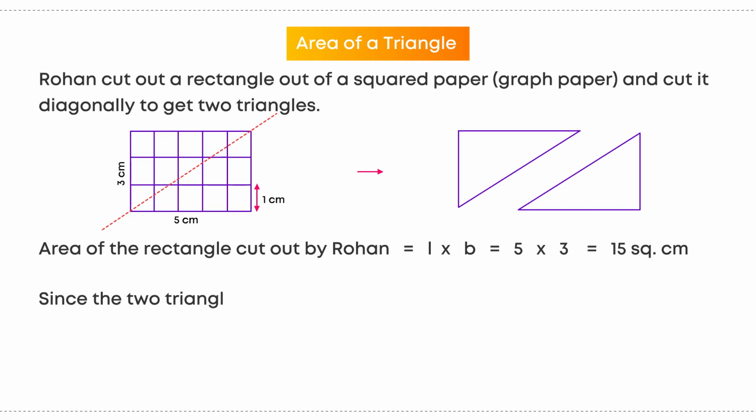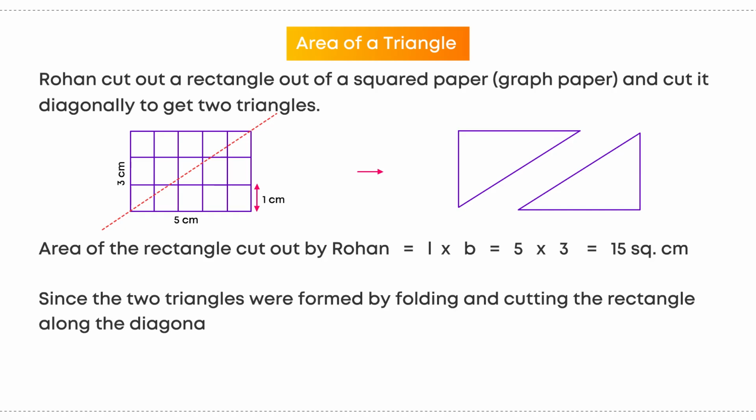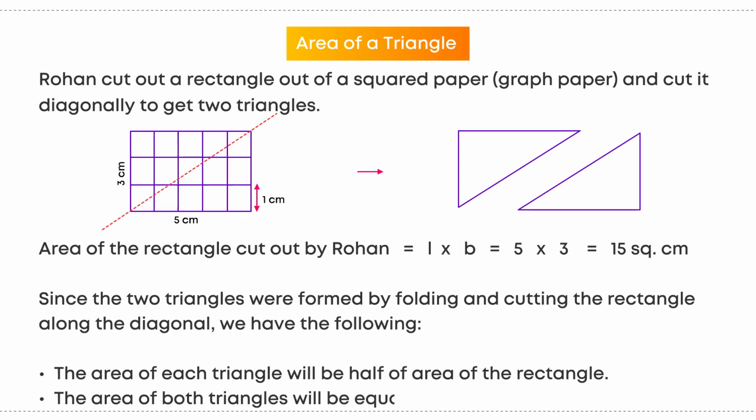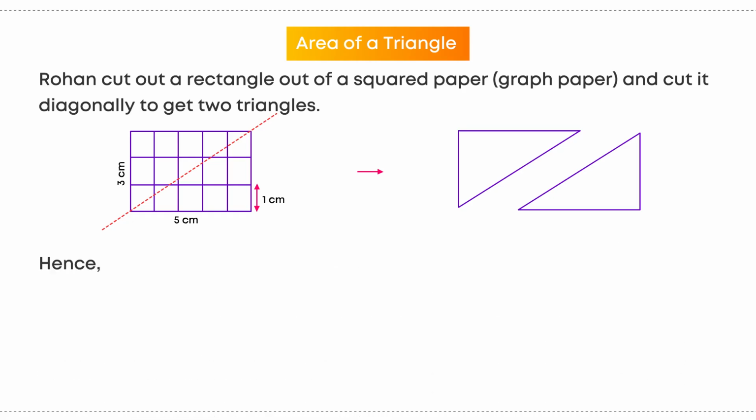Since the two triangles were formed by folding and cutting the rectangle along the diagonal, we have the following. The area of each triangle will be half of the area of the rectangle. The area of both triangles will be equal to each other. Hence, area of each triangle formed is 1 by 2 into area of rectangle.